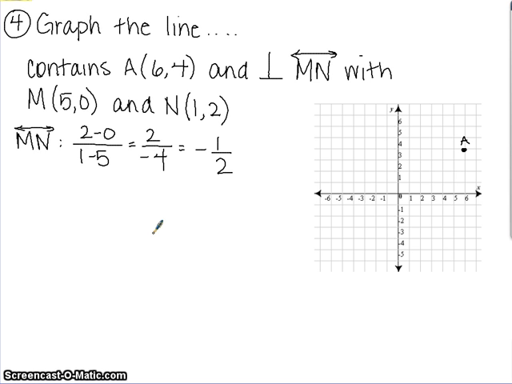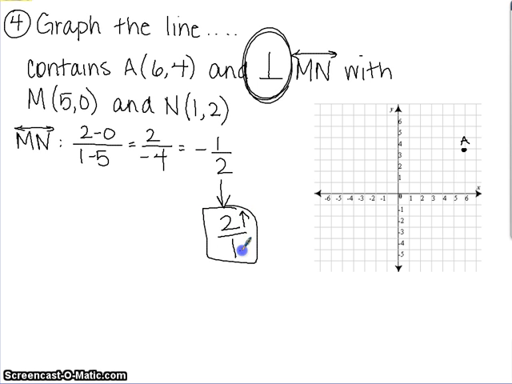All right, but it says perpendicular to MN, so we actually want to use positive 2 over 1. We want to use the opposite reciprocal. Now we know which direction to go. It's positive, so we go up, and then we always go to the right. So from our point A, we're going to go up 2 over 1, up 2 over 1. There it is. Okay, so pay attention to whether it's perpendicular or parallel.